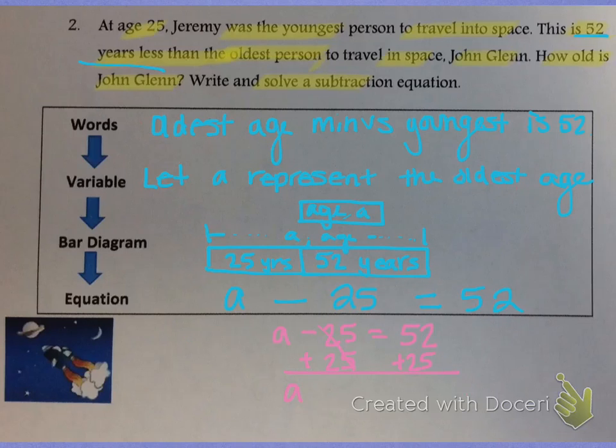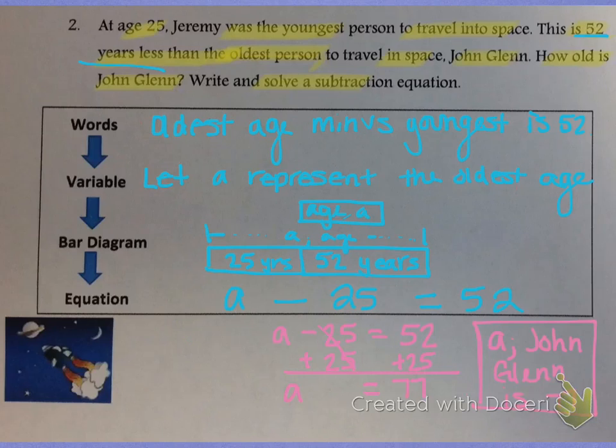So I don't have to write anything under my line. I have an equal sign, and 52 plus 25 is 77. So that means that we're saying that A, John Glenn, is 77.